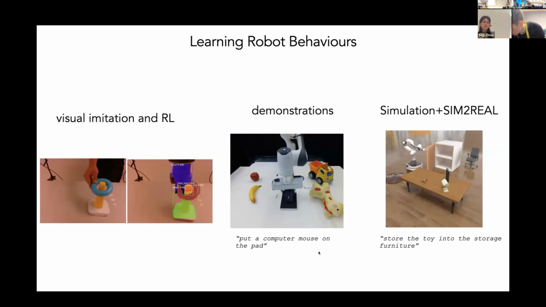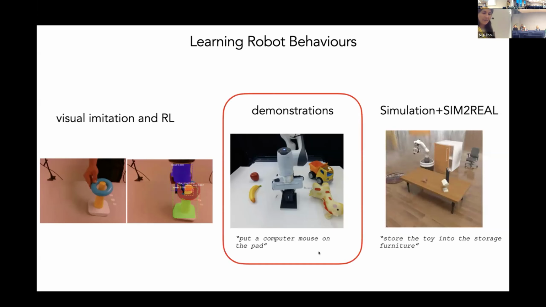And then the last part works already very well for locomotion, mostly for locomotion and some local manipulation tasks: learn in simulation, scale up with reinforcement learning and a combination of imitation and reinforcement learning, and then transfer to the real world. So yes, we have seen a lot of works.